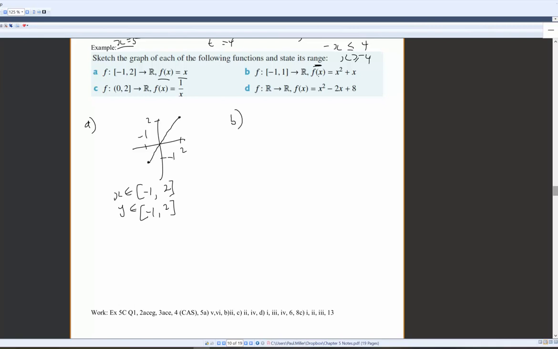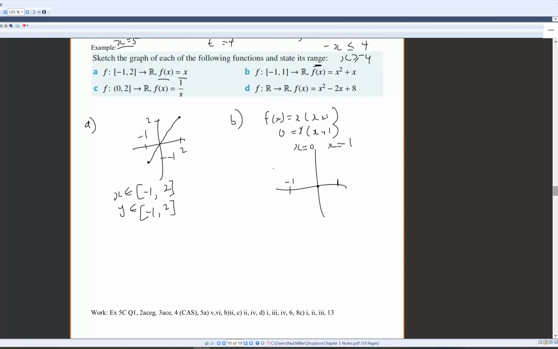Okay, we've got a quadratic between -1 and 1. So let's go f of x equals x(x plus 1); 0 equals x(x plus 1), so x equals 0 and x equals -1. So 0 and -1 are the intercepts, and -1 to 1 is the domain.